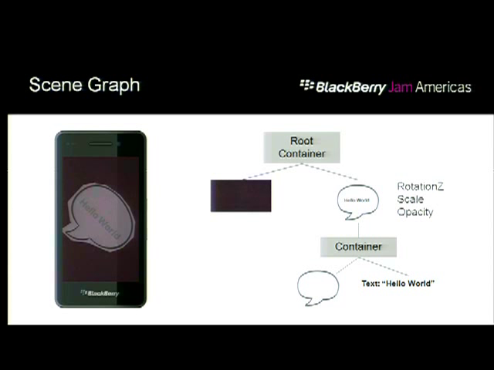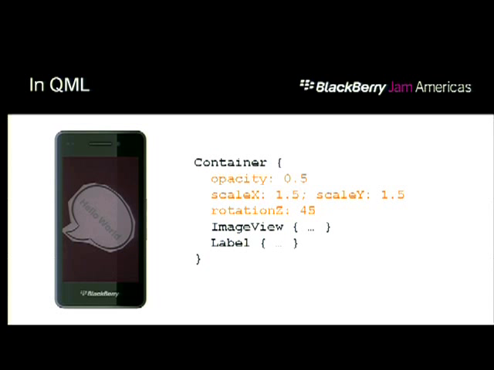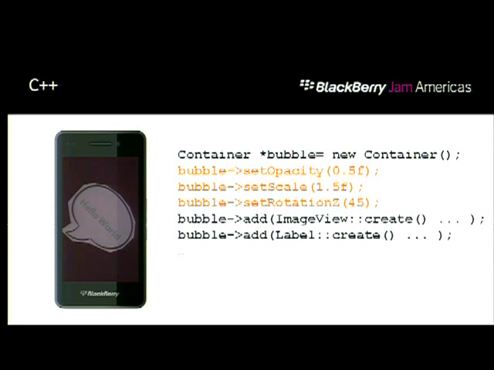We don't have to recalculate everything else. It works well in games and works well for us. And just to show how you would do this transformation in QML, you just set these properties on the container, and it will be rendered automatically. Same thing in C++.